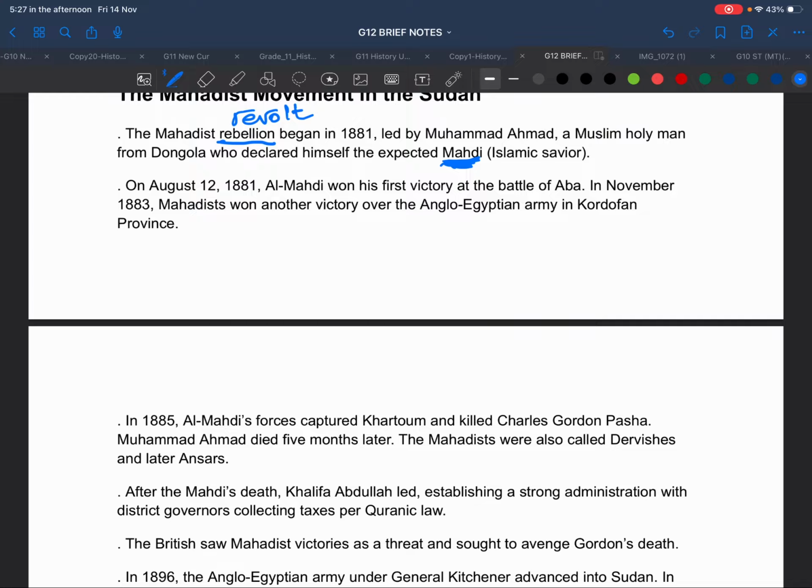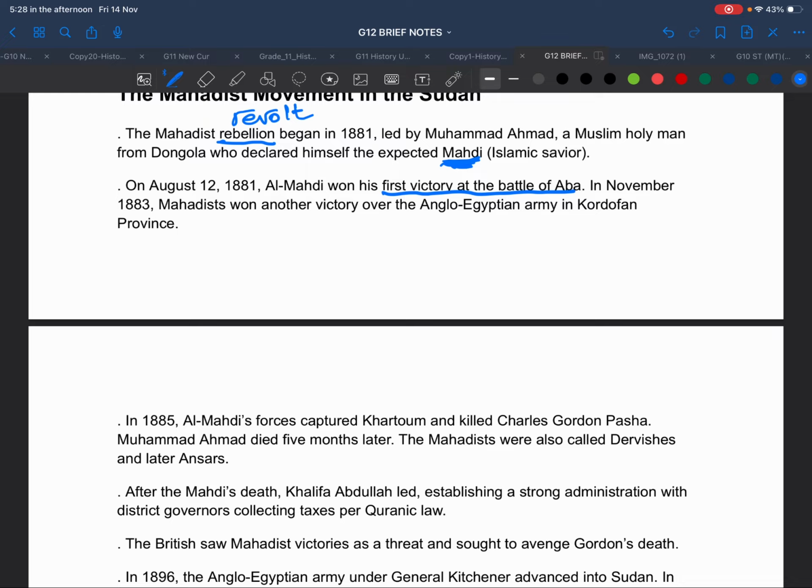But later on, when the Egyptians attacked the Sudan, this movement turned into an anti-colonial rebellion that targeted the Egyptians. So they won over the Egyptians. This was the first victory of Al-Mahdi over the Egyptians, at the Battle of Abba. In November 1883, the Mahdists won another victory, over the British.